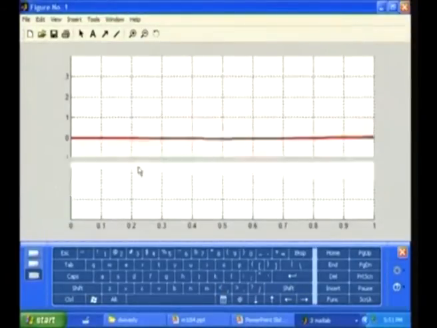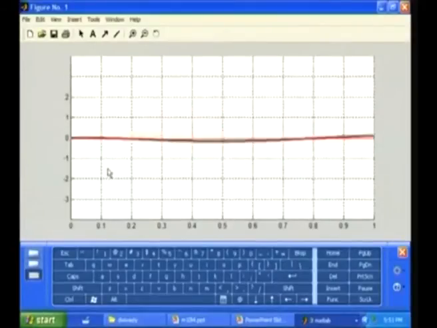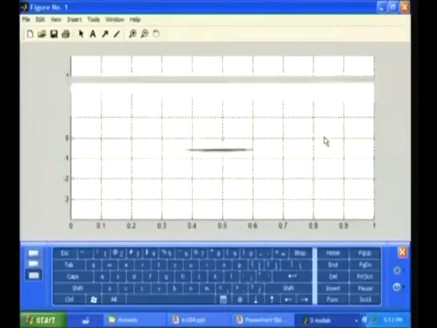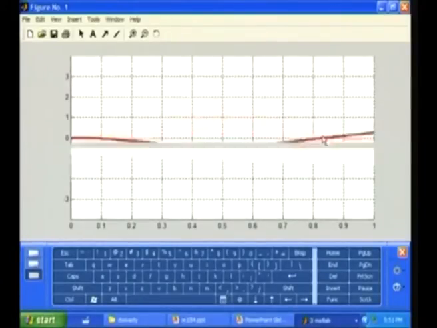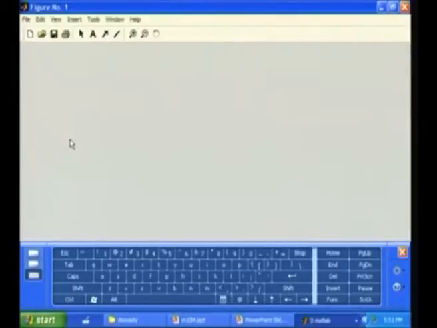In the second mode, clearly you can see there is a point at which there is no vibration of the beam, and also note that at the beginning, that is at the fixed end, the slope is 0.